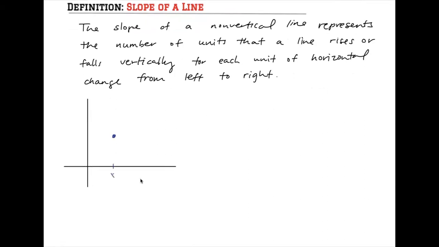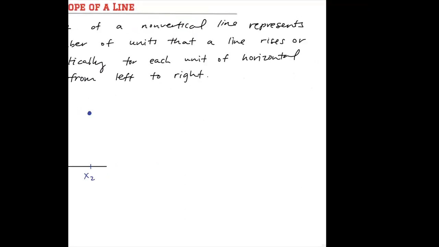I'm going to call this one X1, Y1, and a second point X2, Y2, and we draw a line through those points. The slope represents the distance that this changes horizontally and vertically.